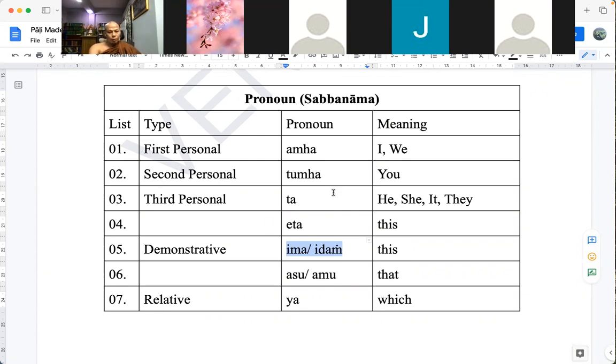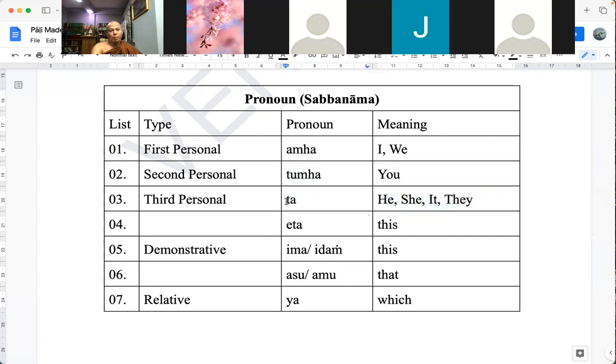So the first personal pronoun amha means I or we, based on the singular or plural form. The second personal pronoun is tumha, and its meaning is you singular or you plural, based on the form. And the third personal pronoun is ta, which means he, she, it, they.